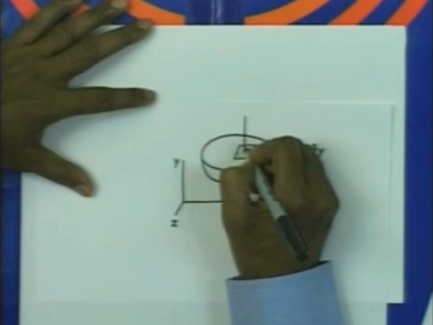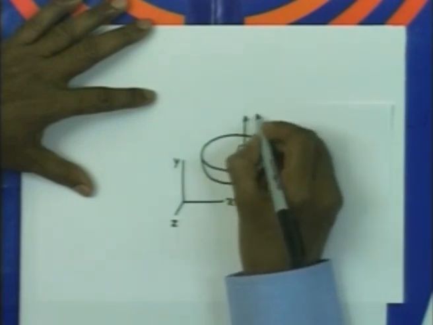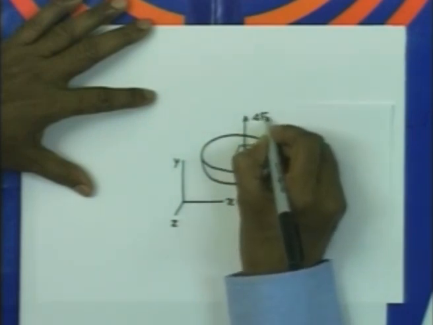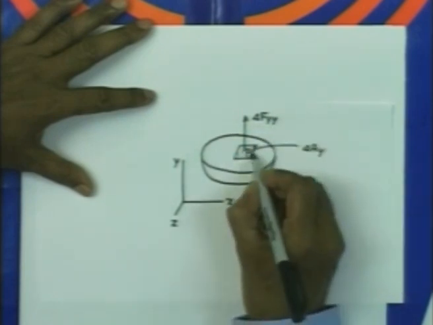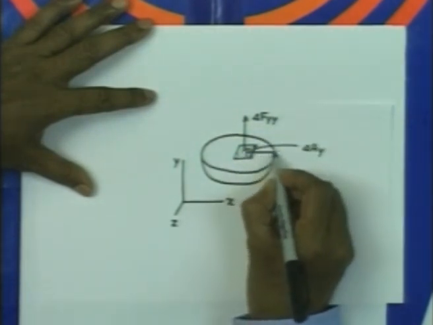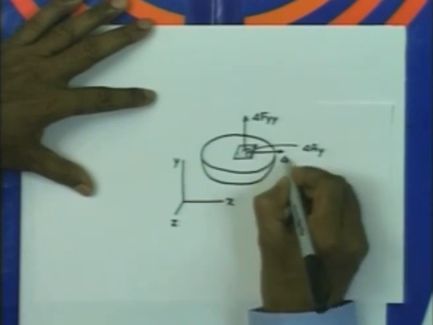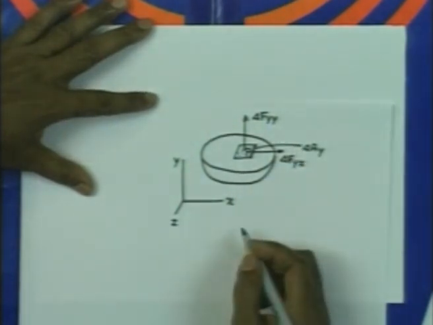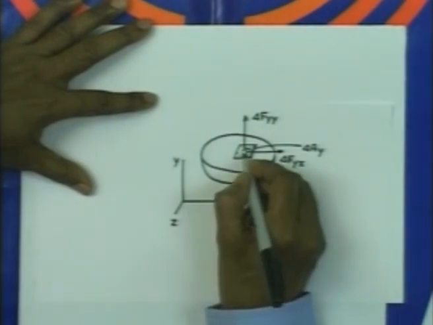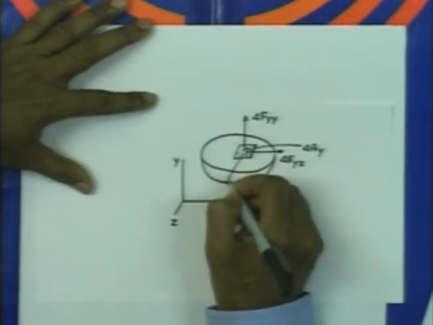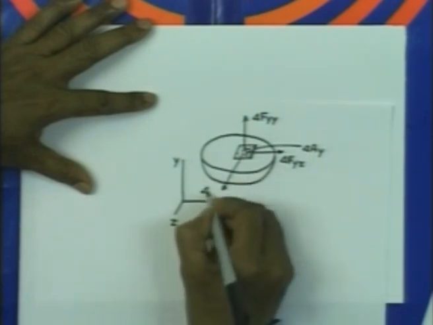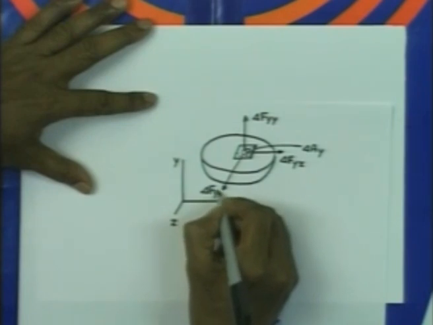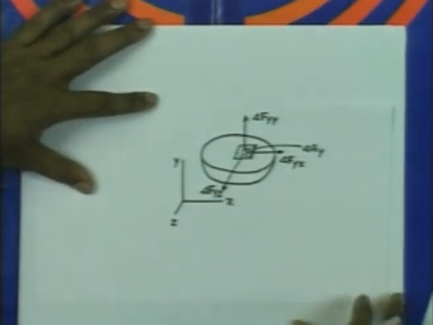We will have one component which is delta f yy, then one component which is parallel to the x axis, acting on the y face in the x direction, so this is delta f yx, and then we also get a component in the z direction, delta f yz.